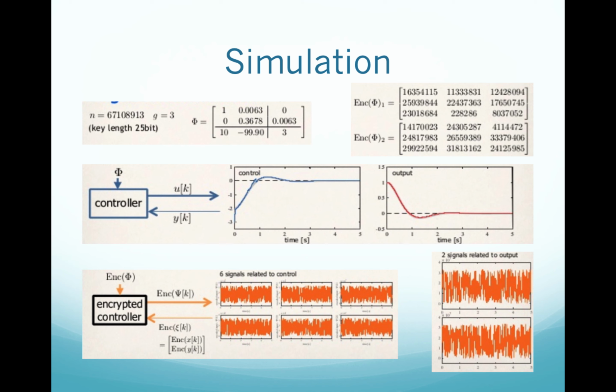So what we can realize here is that the authors concluded that with this type of activity, the encrypted controller that was proposed early in the paper actually does conceal the parameters and the signals that were processed within the control device.